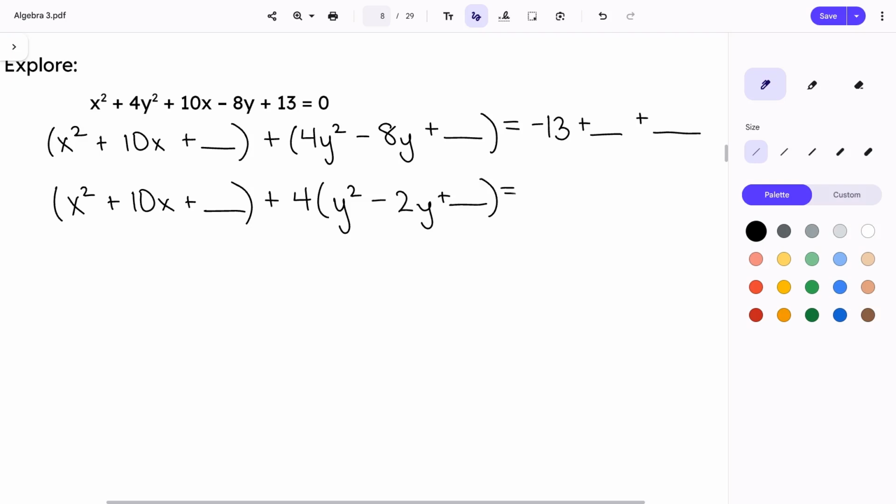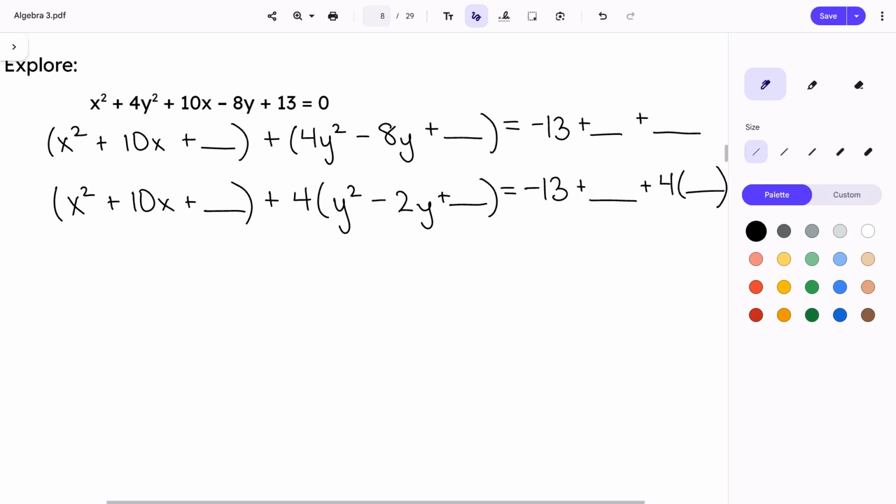Good. And then over here, with the second blank after the -13, I'm going to have to reflect what I just did there. So I'm going to put a 4 in front of it. That way, whatever I fill in with that completing the square, because I removed the 4, that impacts the math. So I got to reflect that over there on the right side to keep it balanced.